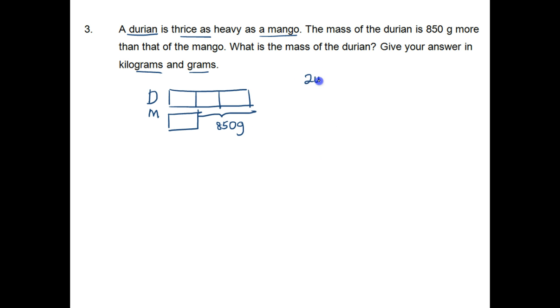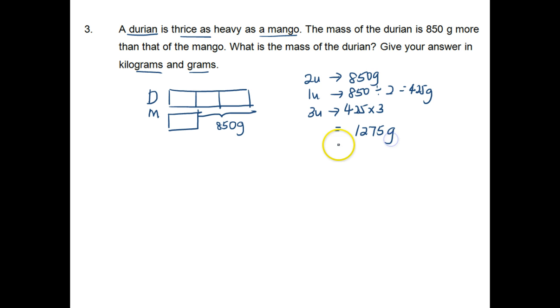So 2 units is 850 grams. 1 unit will be 850 divided by 2, which is 425 grams. The mass of the durian is 3 units. So 425 times 3. Answer is 1275 grams, which is 1 kilogram 275 grams.